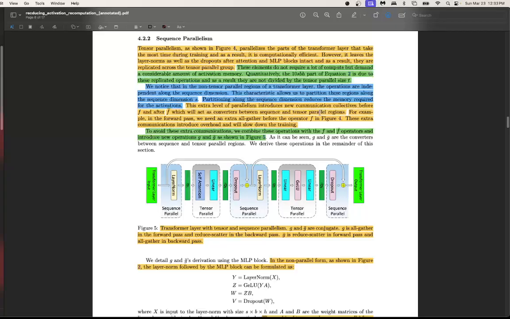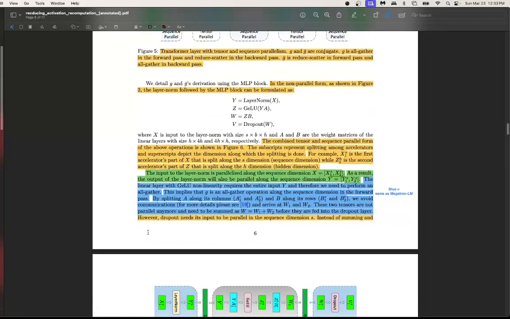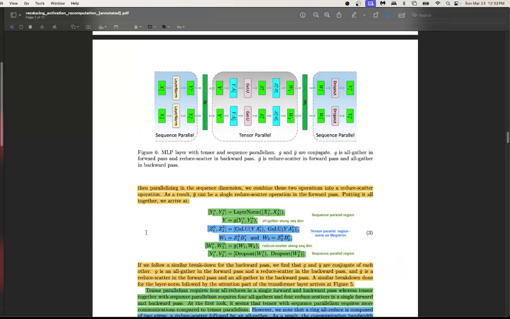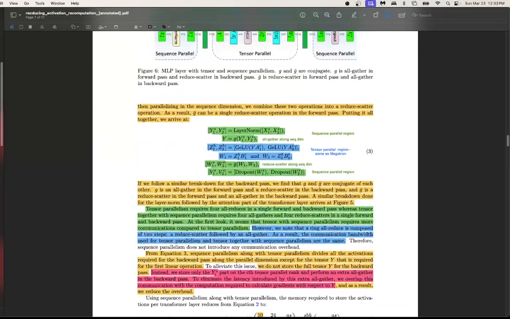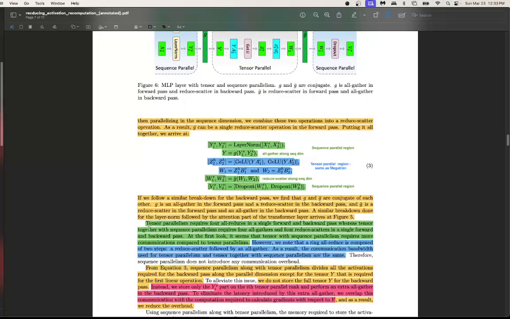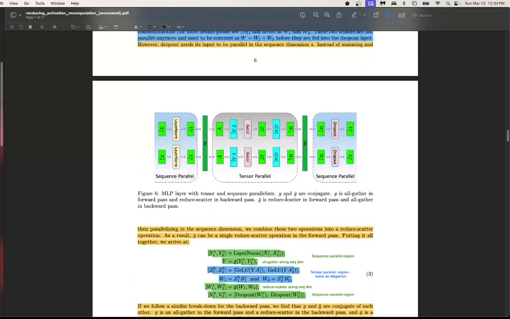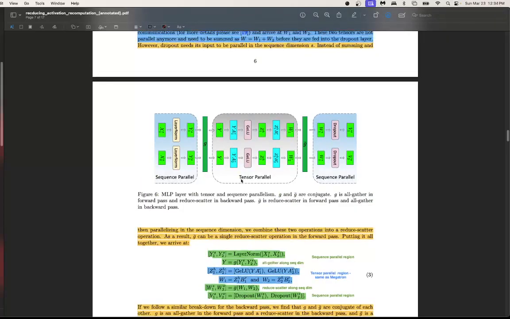And so on its face, you might say, and they do say in the paper, that it's unclear if this is actually favorable because there are more collectives, so more communication overhead. Maybe this will slow down training. But in fact, the implementation of ring all reduce, which is what's used in the vanilla tensor parallel, is actually under the hood composed of a reduce scatter followed by an all gather.